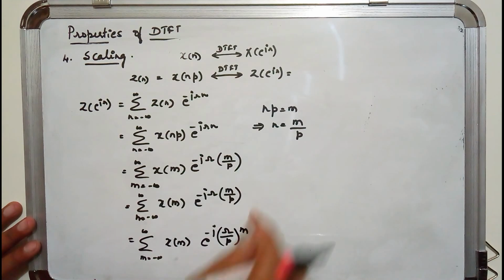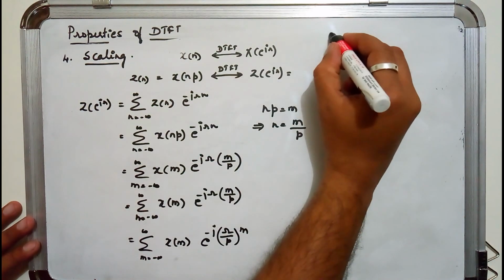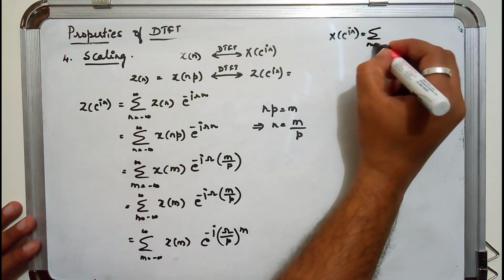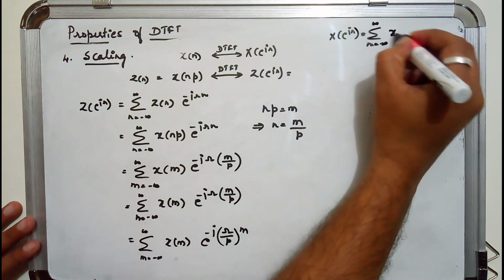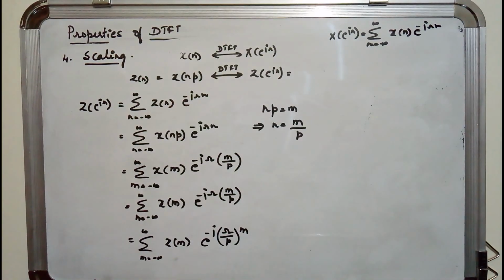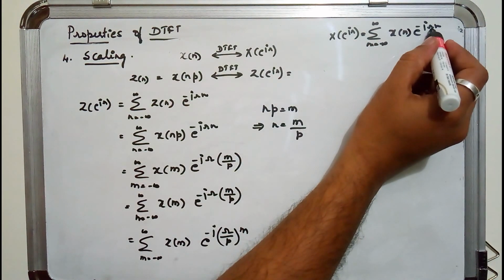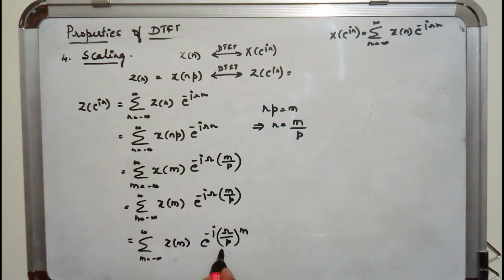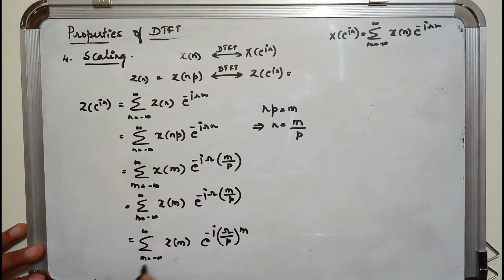Now comparing this with x of e power j omega, which is summation n is equal to minus infinity to infinity x of n e power minus j omega n. So if omega is present, you get x of e power j omega. If omega is replaced by omega by p, I'll be getting x of e power j omega by p.